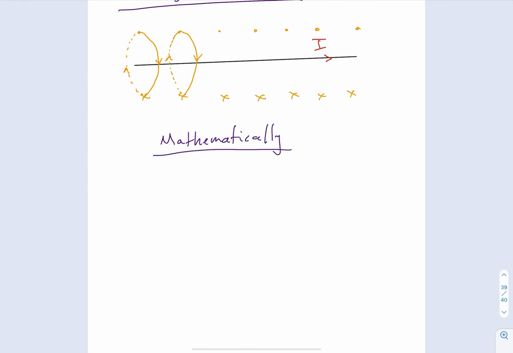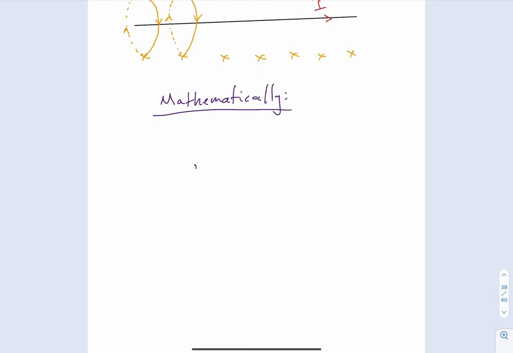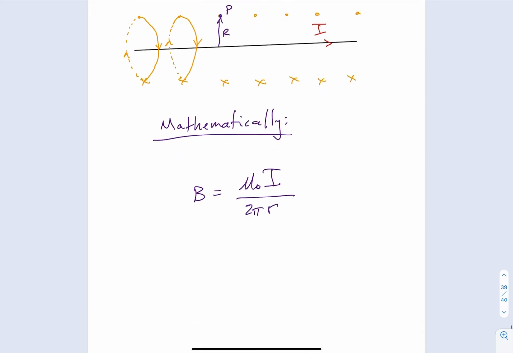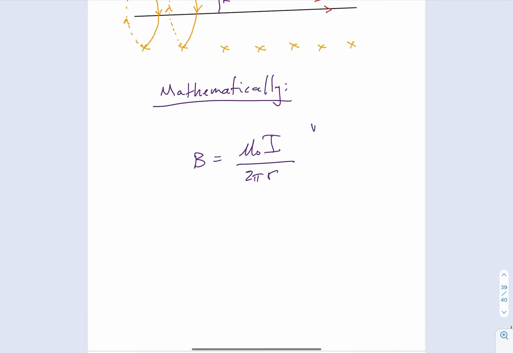So anytime you're working with a long straight wire, you can determine the magnitude of the B field using this equation. And I'm even going to show here that if we're looking at a point P, then this distance is R.